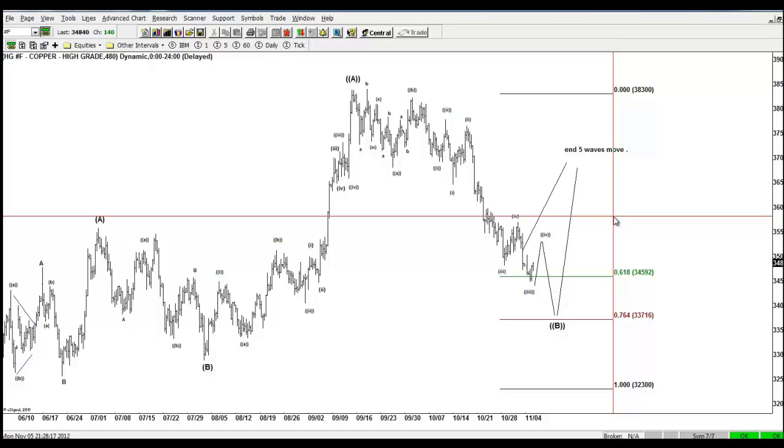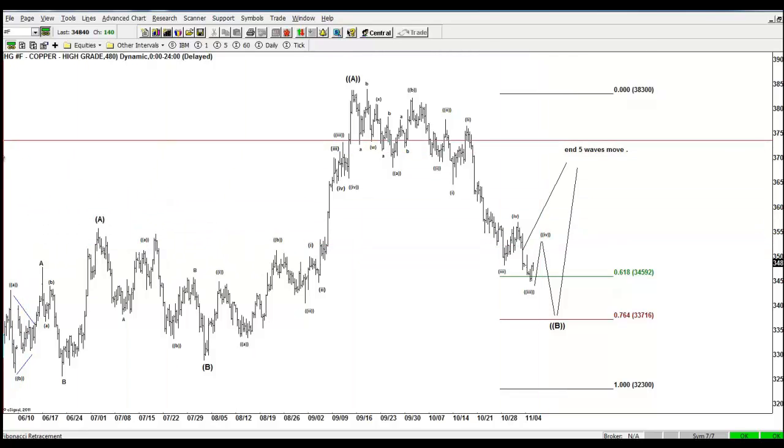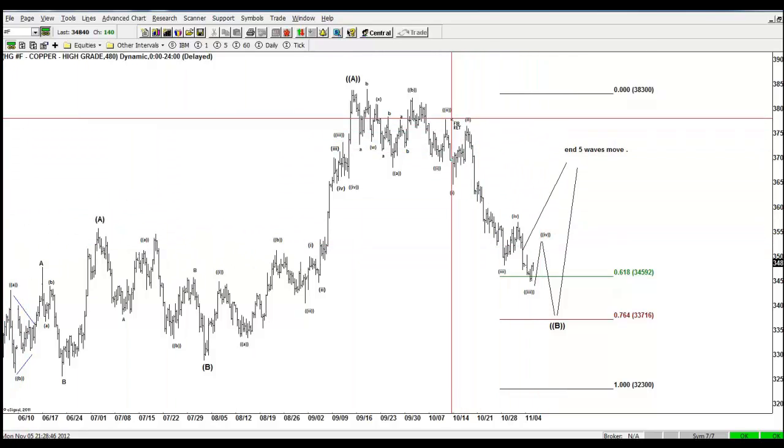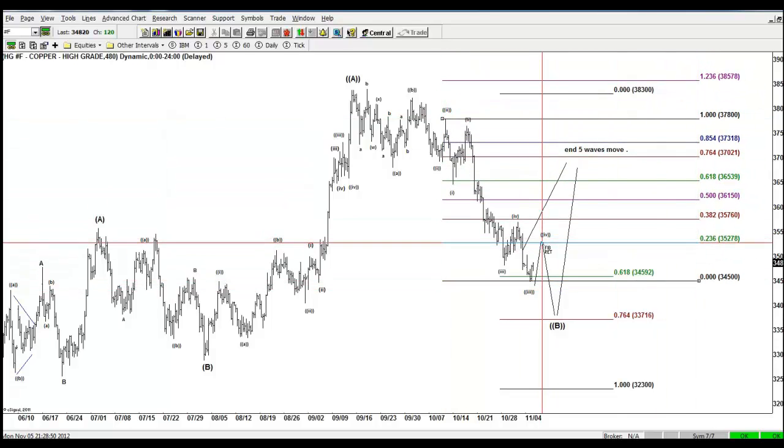The fact that the copper trade did 5 waves in that last cycle means that a biggest recovery in risk should happen. So now, following this count, copper should trade to here, to around 352.